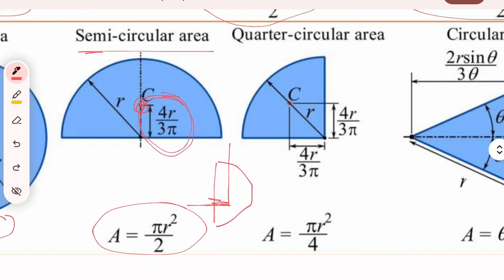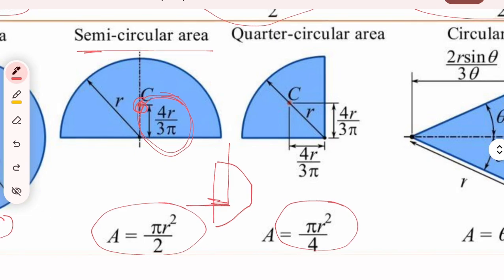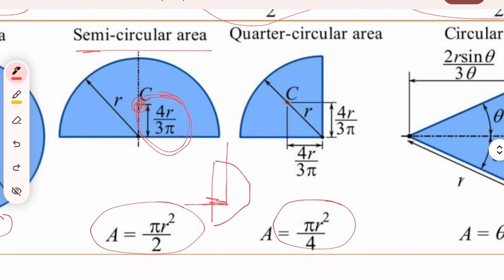What about if what is given is a quarter circular area? The area would be the area of the circle divided by 4 because it's a quarter circle. That would be the quarter circular area. And for the location of the centroid of a quarter circular area, it could be 4r over 3 pi on that side. It's also 4r over 3 pi on that side.